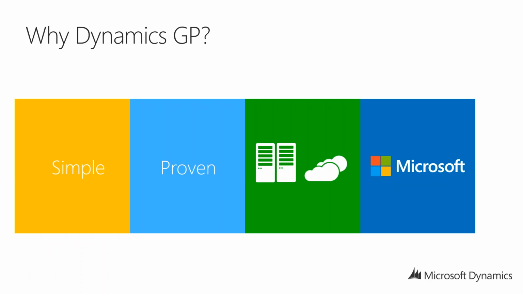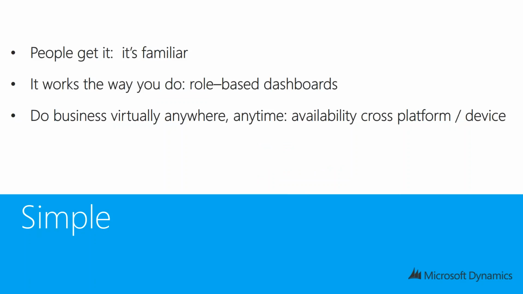If you want it on your own server, down the hall in your server closet, we can do that just as simply. Microsoft doesn't have a preference on where the software ends up, and once you have the license, you can park it wherever you like. And then of course it's a Microsoft product, and most people know that name.